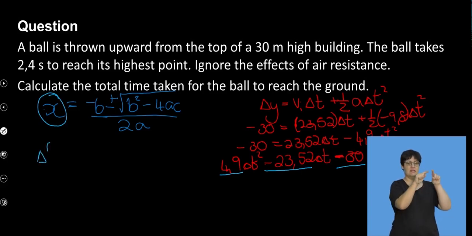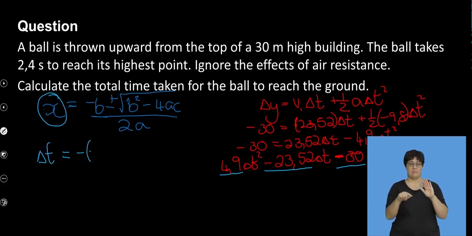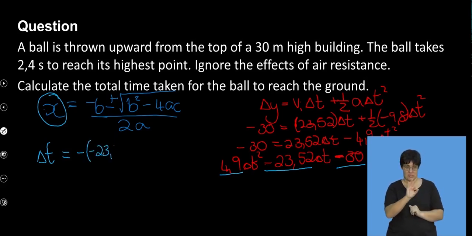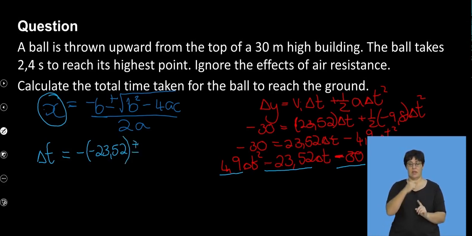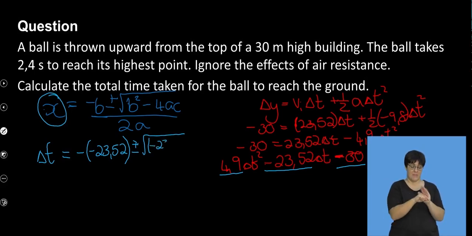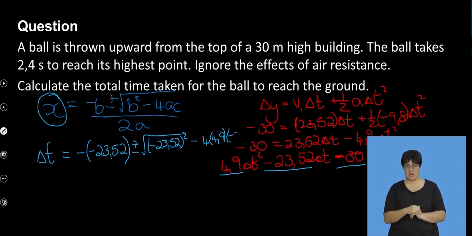So if we substitute it in, we're going to have minus 23,52, because it's negative, plus or minus the square root of minus 23,52 squared minus 4 times 4,9 times minus 30, over 2 times 4,9. Okay, I've gone over, this is very badly laid out.